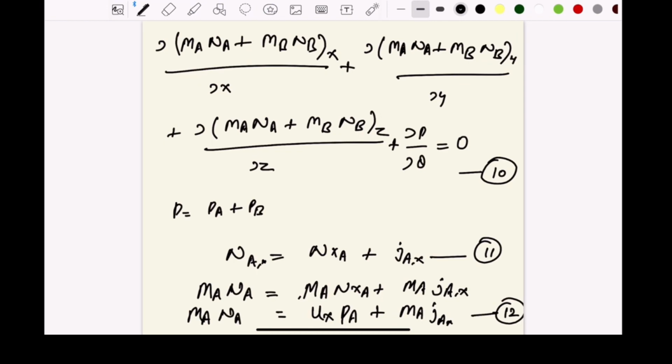Now, what we have done is, instead of MA and NA,bulk, we have written Ux into ρA, where ρ is the density of the fluid and Ux is the component velocity in the x direction.